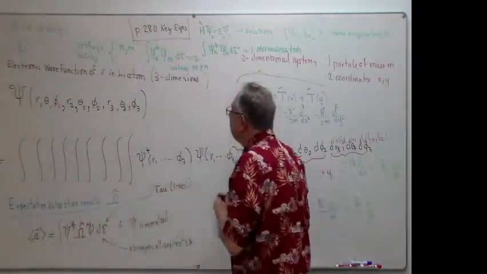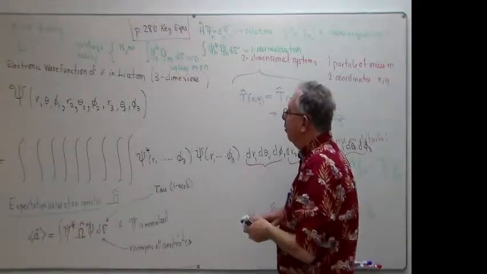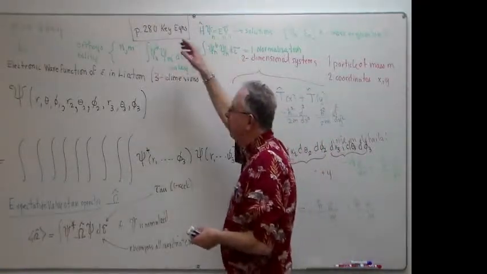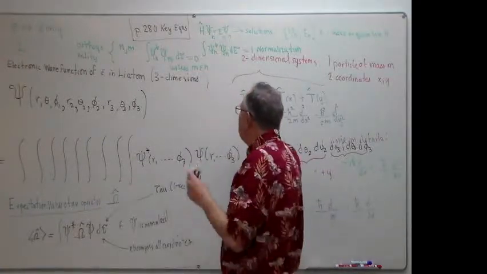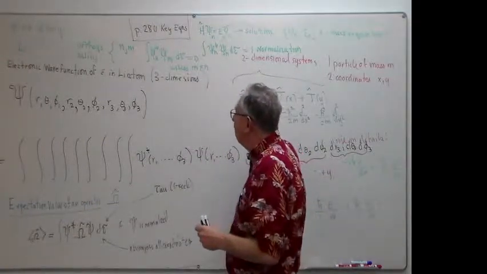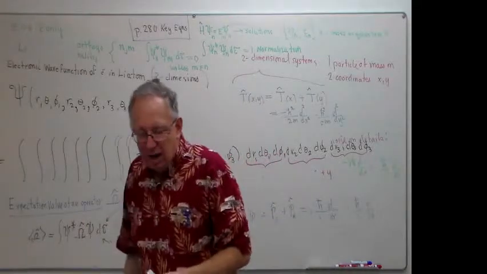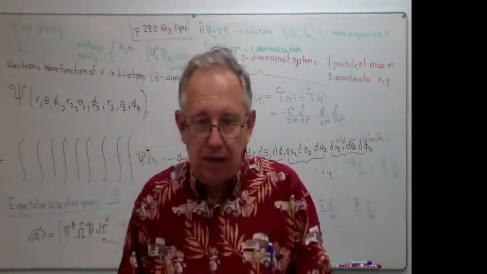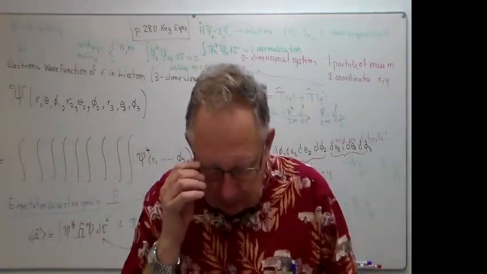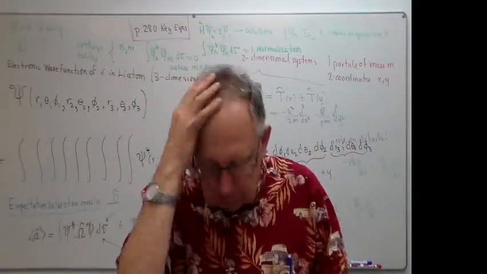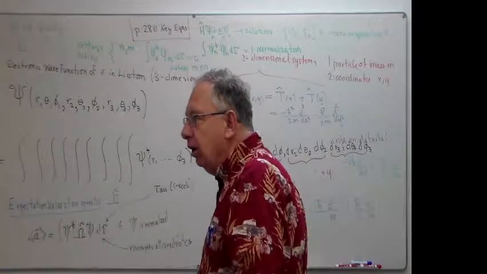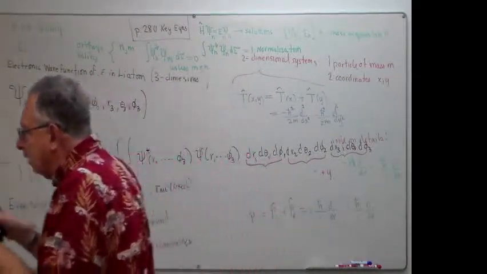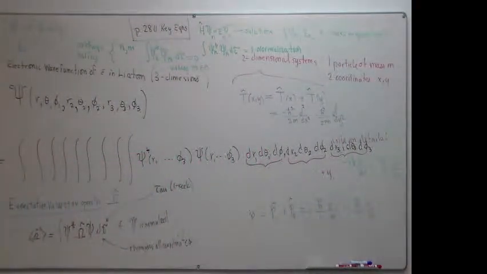That the wave function star times another wave function, doesn't matter what it is, as long as it's not the same one, you won't be able to normalize. Those two will be treated as mathematically orthogonal. So what is m? M would be like another integer. In other words, not the exact same quantum state. This thing will go to 0.